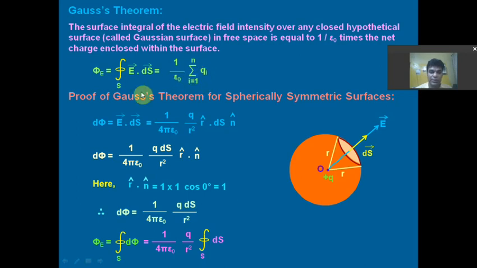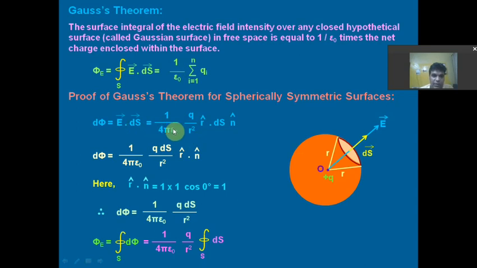Now we come to the proof of Gauss theorem. Here we have represented a solid angle, and we have taken a Gaussian surface. ds vector is an area vector here, and r is the radius of this sphere.